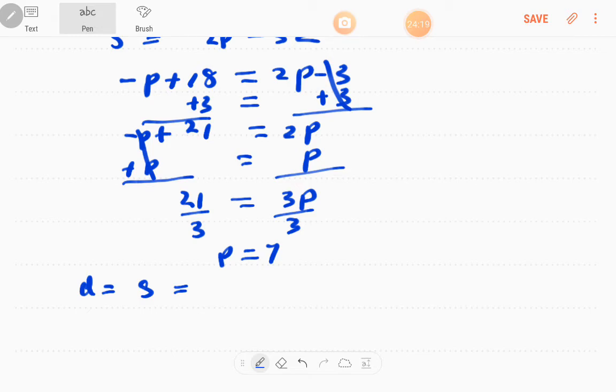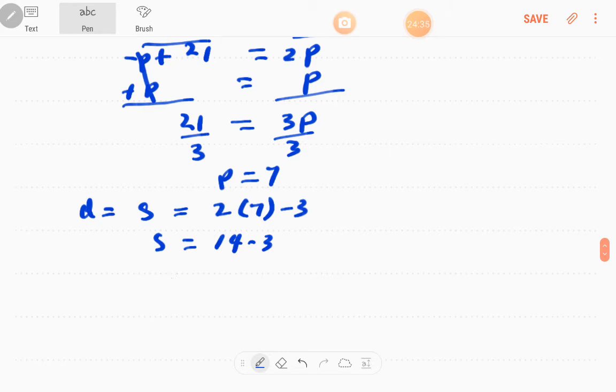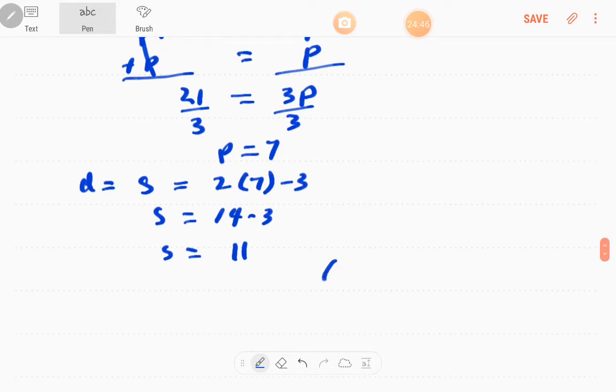S is equal to twice the price minus 3, so S is equal to 14 minus 3. So the quantity supplied is equal to 11. At the equilibrium point, the quantity would be 11 and the price would be 7.